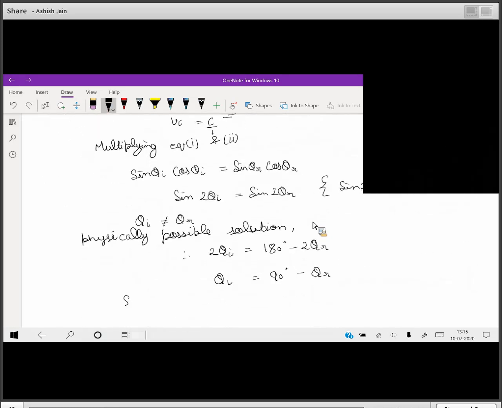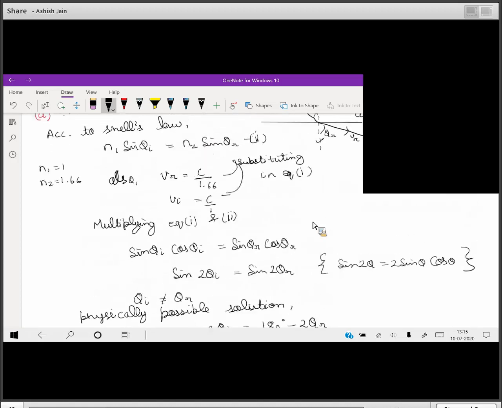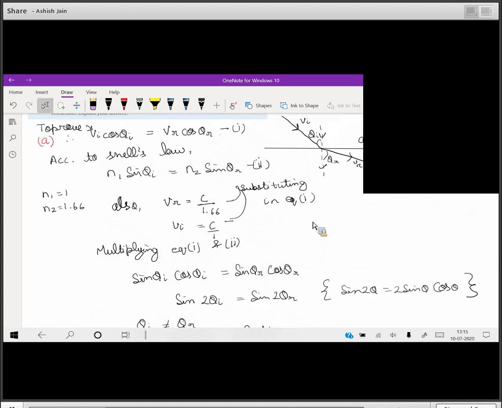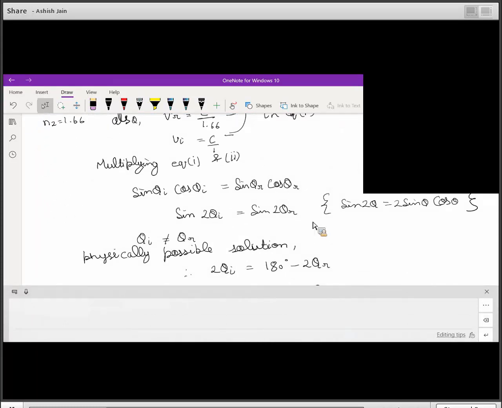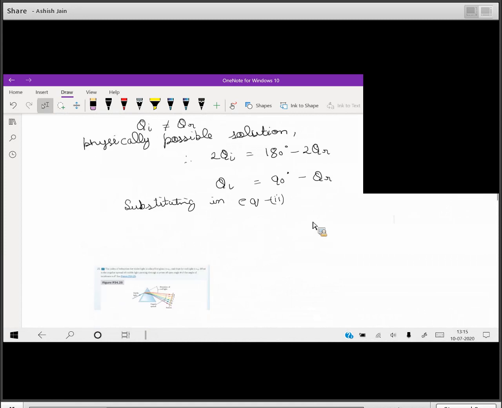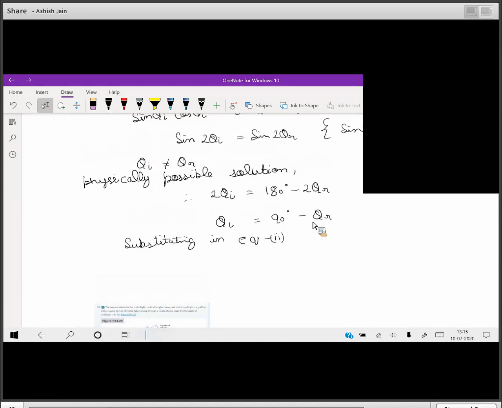Substituting in equation 2, we get sine theta i as 1.66 cos theta r.